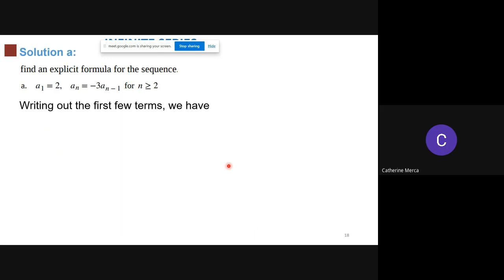So let's just check yung letter A lang para ma-review, no? So, a sub 1 given 2. Ang a sub 2 given as negative 3 a sub 1. Kasi ito yung a sub n term. So, pag a sub 2 na, ang a sub n minus 1 is ang 2, which is a sub 1. Then, a sub 3 will now be negative 3 a sub 2. Then, ang a sub 2 kanina siya.